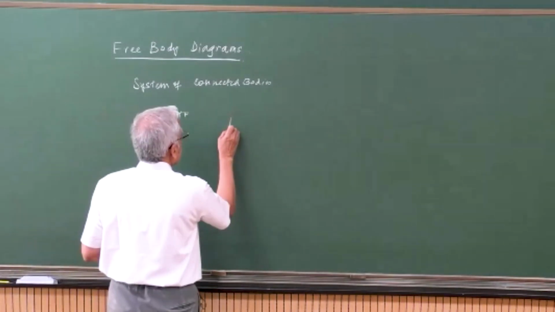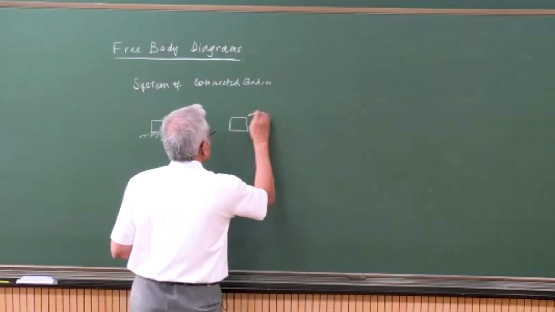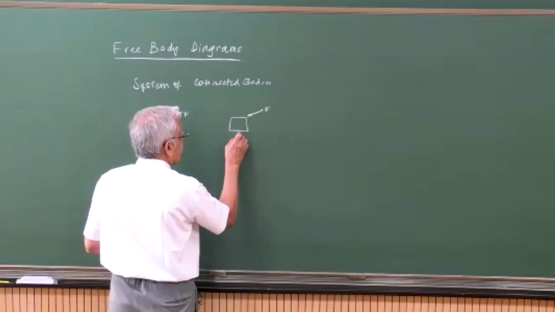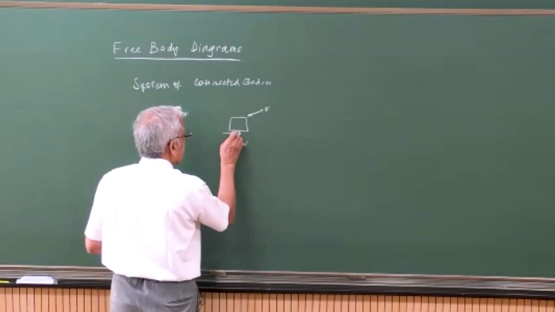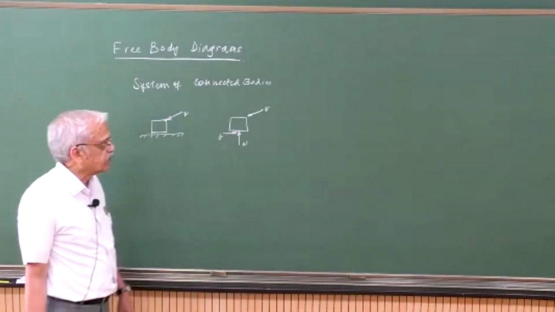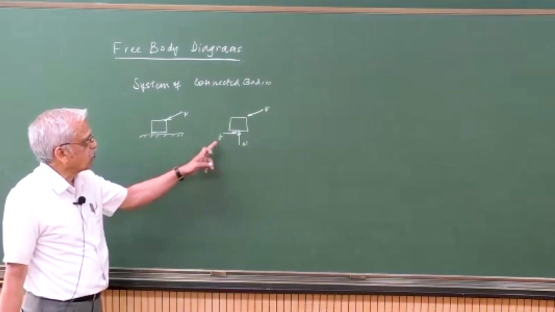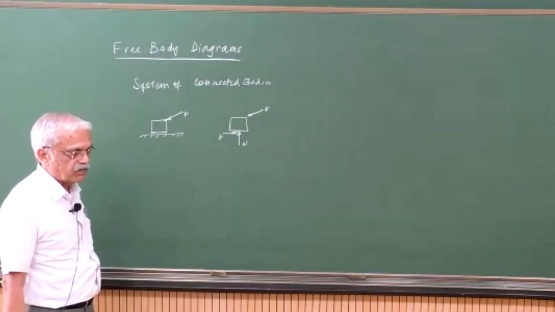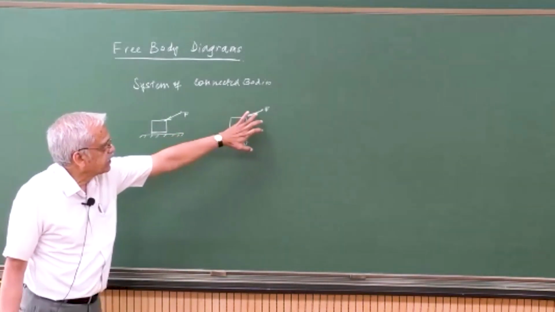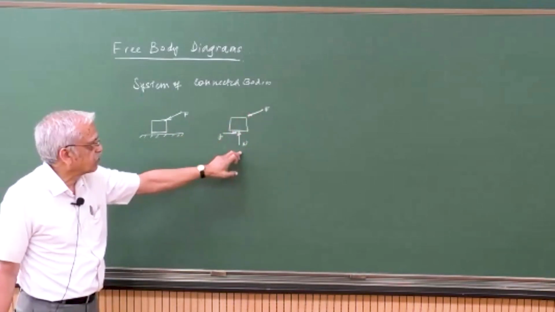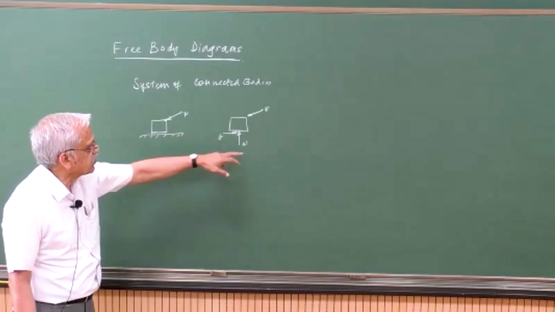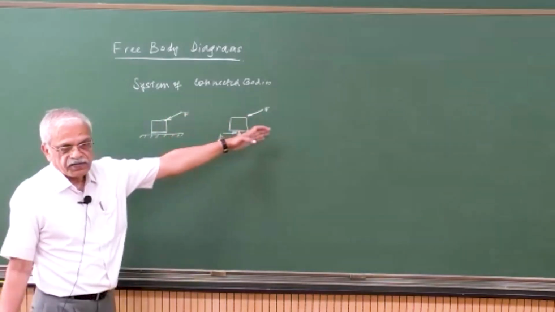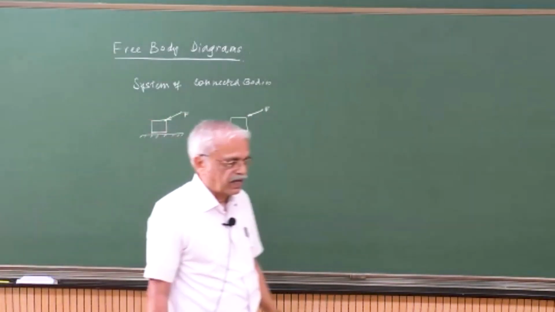If you want to isolate this block, you have a force, and the ground is going to exert a normal force and maybe a friction force, depending on whether there is friction or not. These two are unknowns, and together with this, this is called the free body diagram. Together with all the external applied forces and the internal forces that come because of the removal of the other bodies, all of them put together will keep this in equilibrium, because to start with, it is in equilibrium, and a part of it is also in equilibrium. This is the axiom.